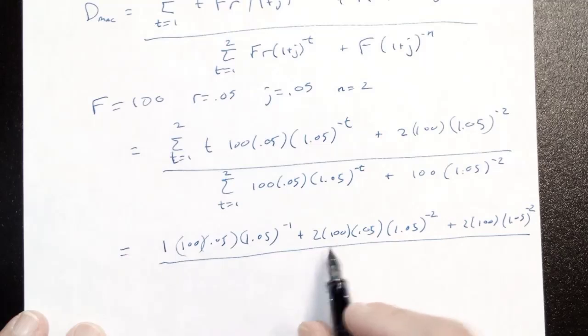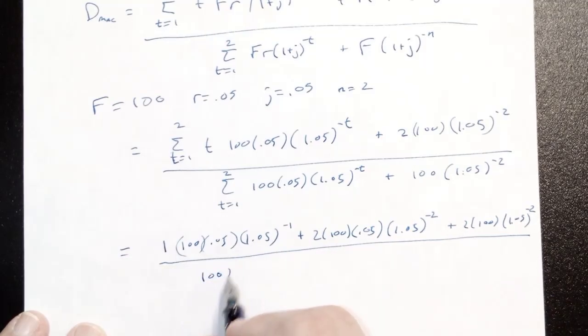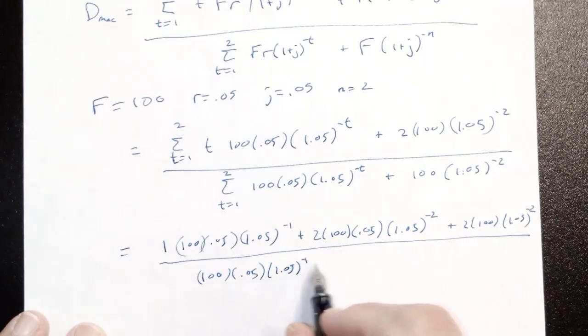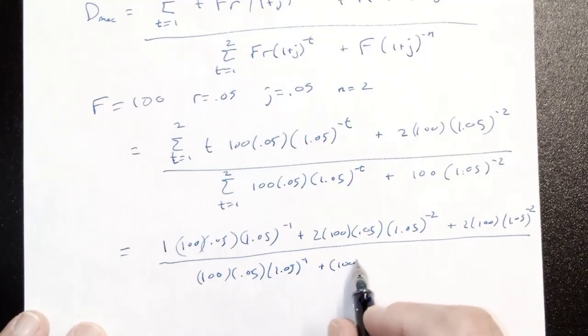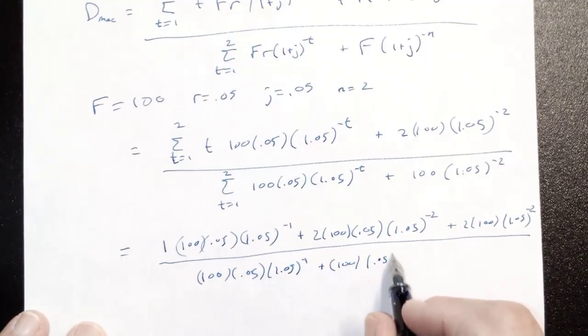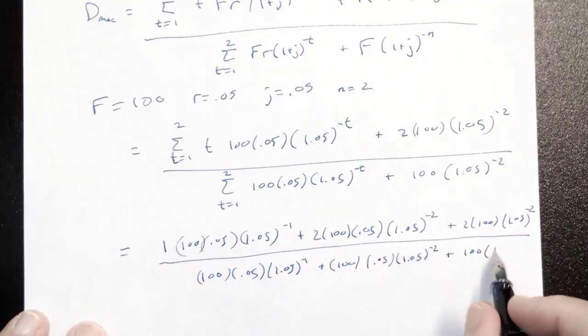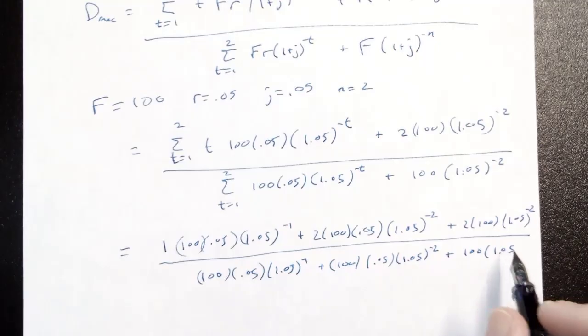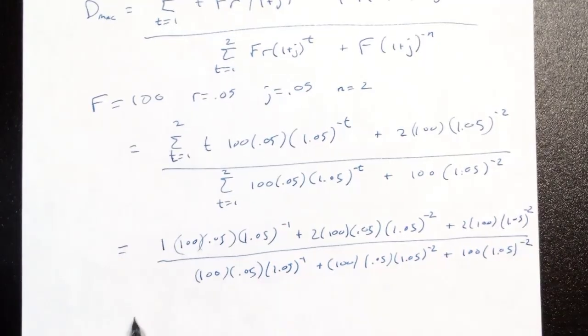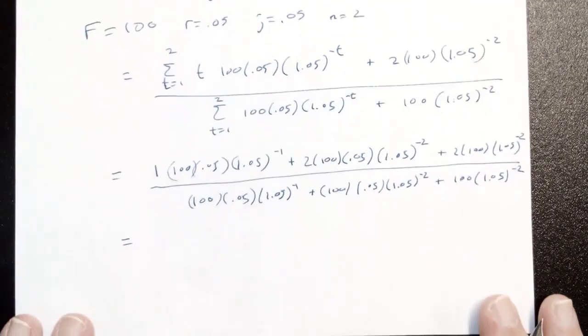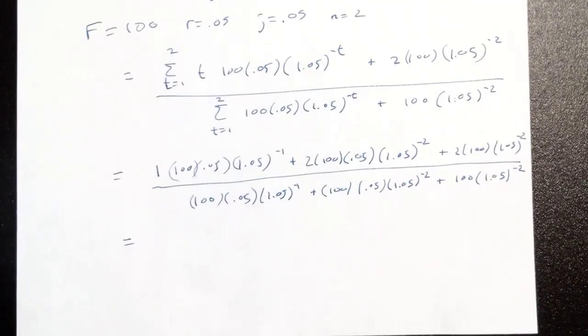Down here, I just take away the 1 and the 2 and the 2 that are not in parentheses from the top. Do you see how the numbers on the top and the bottom are the same except for the multiplication by the time factor?